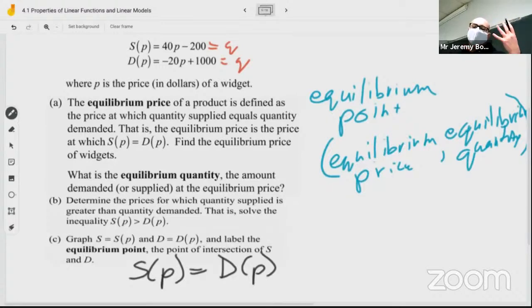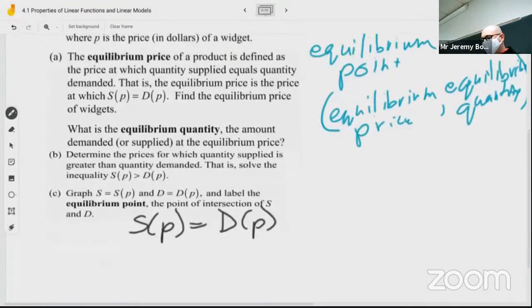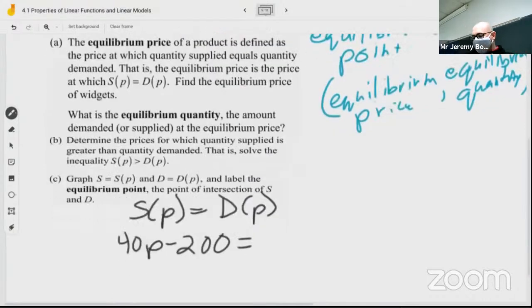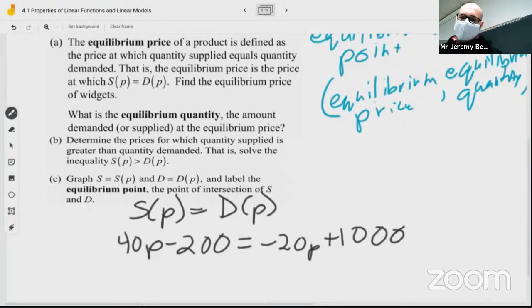So if we write out their actual functions, it would be 40P minus 200 is equal to negative 20P plus 1,000. We only have one variable there, the price, so we just need to solve for it. Let's add 20P to both sides.